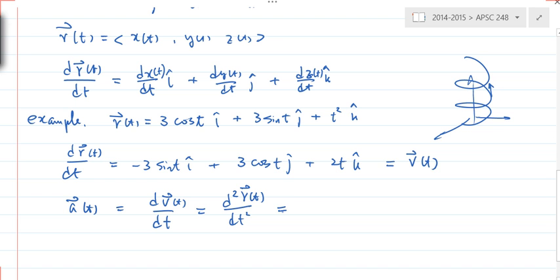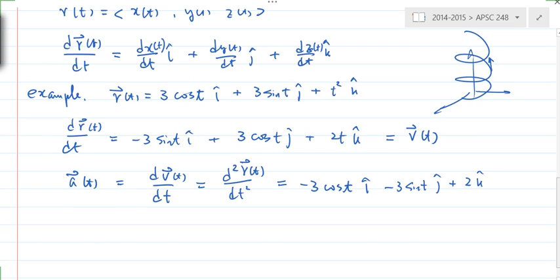If I do one more step of derivative, taking the derivative of the new expression here: derivative of sine is cosine, derivative of cosine is negative sine. So that's minus 3 sine t j hat, plus 2 k hat. That's the acceleration.